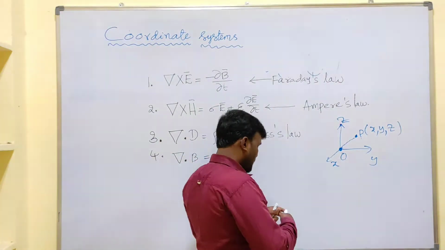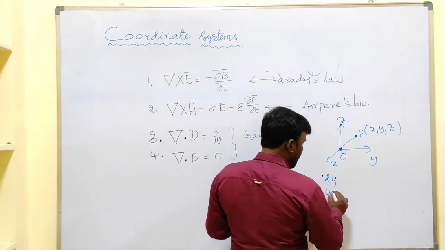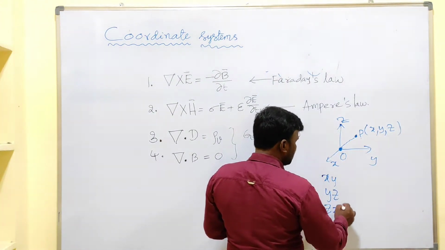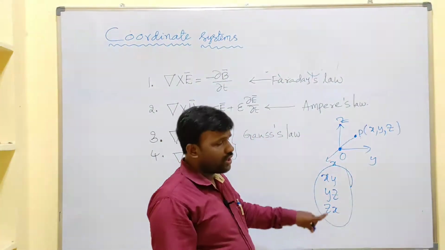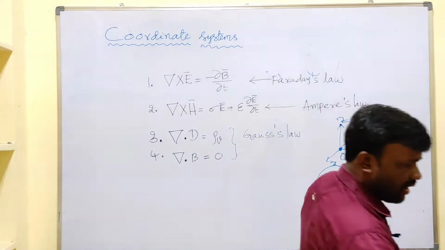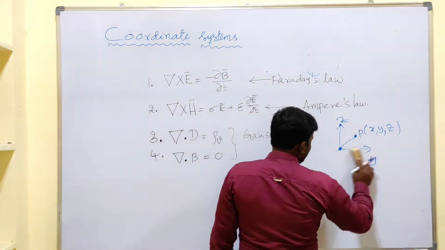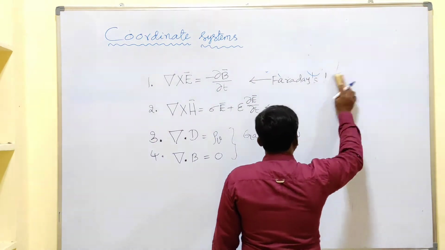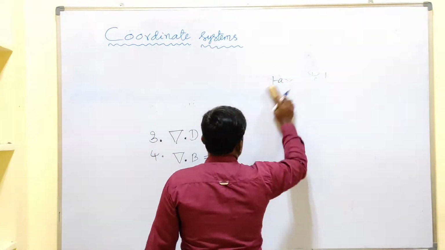Or else, the x, y plane, y, z plane and z, x plane, these 3 planes are mutually perpendicular to each other. This type of coordinate system is called an orthogonal coordinate system. For our analysis, we will use these orthogonal coordinate systems.